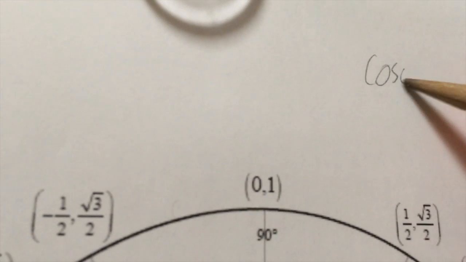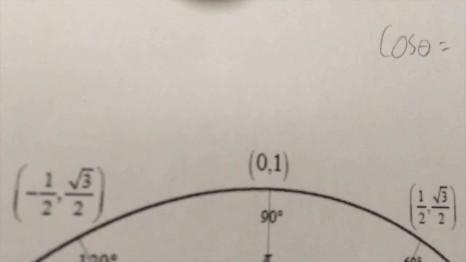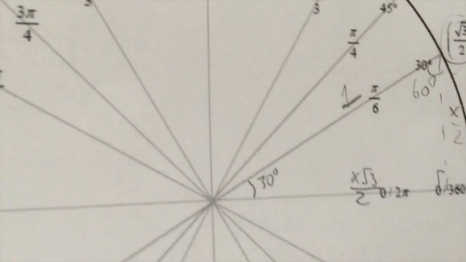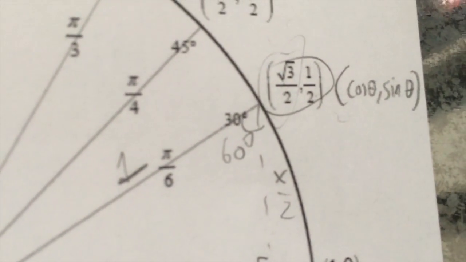This is because the cosine of theta equals adjacent over hypotenuse, but the adjacent, if you can see, is the x, and the hypotenuse is just 1. Any number over 1 is just going to be the number that it's originally supposed to be, so x. That means that cosine equals x.